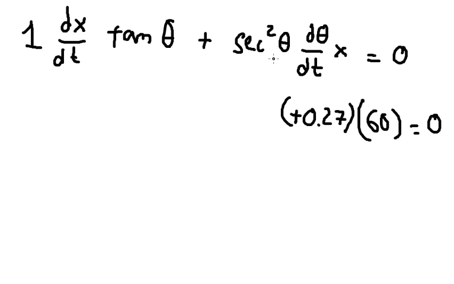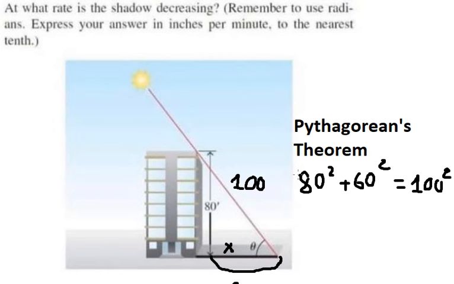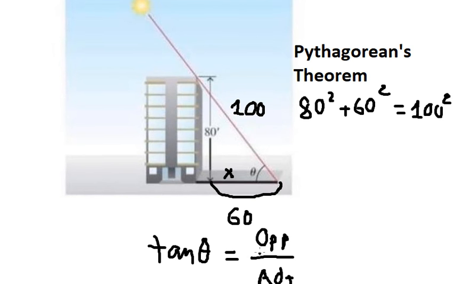Secant theta is hypotenuse divided by adjacent. So the hypotenuse at that time is about 100. Adjacent is about 60 of this angle in here.